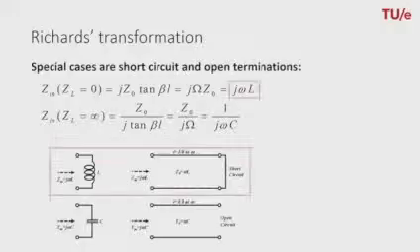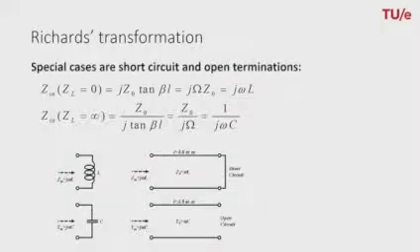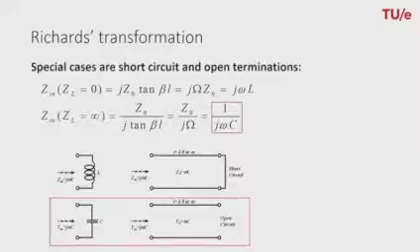The first equivalence is that an inductor with an impedance j omega L is equivalent to a transmission line with a certain length which is shorted at the end. And similarly, we have the equivalence of a capacitor with an impedance of 1 divided by j omega C, which is an open circuit transmission line with a length L.